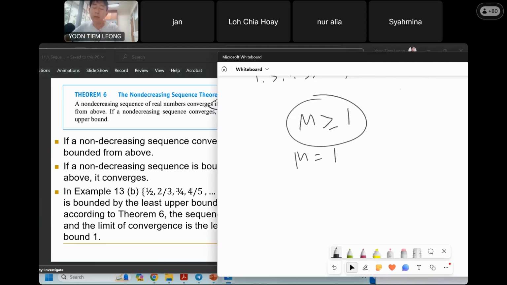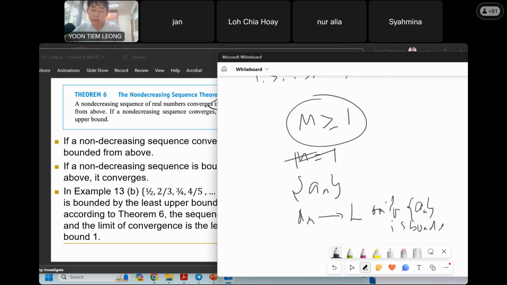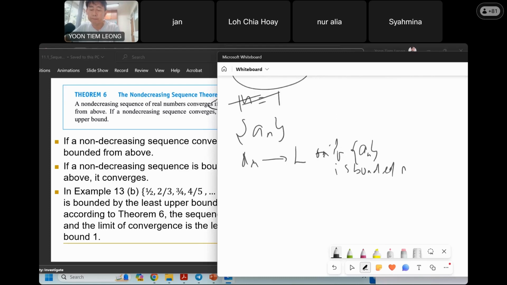So it simply means that if you have a non-decreasing sequence, the limit of the non-decreasing sequence exists only if the sequence an is bounded from above. Let me say it again.